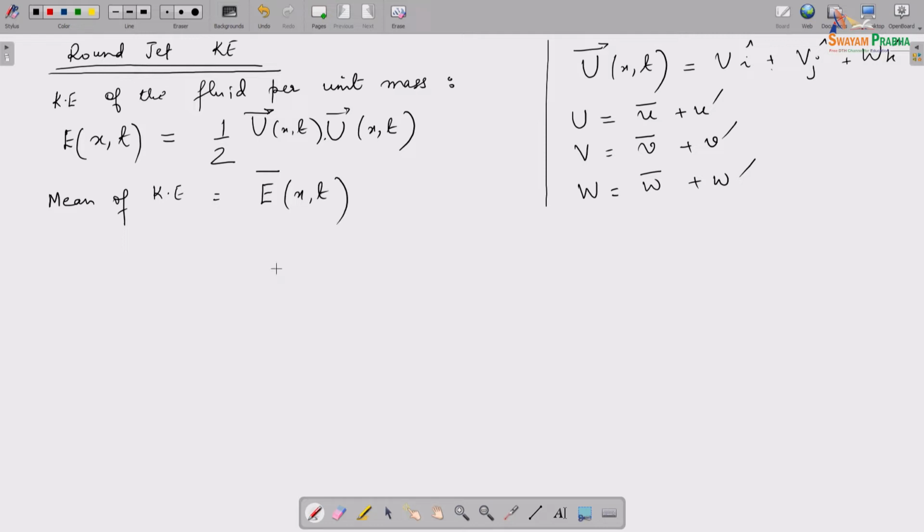Now you can see kinetic energy per unit mass is basically half velocity square, and the velocity of course has the turbulent component along with the mean one.